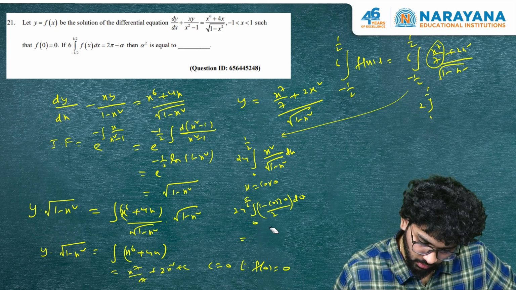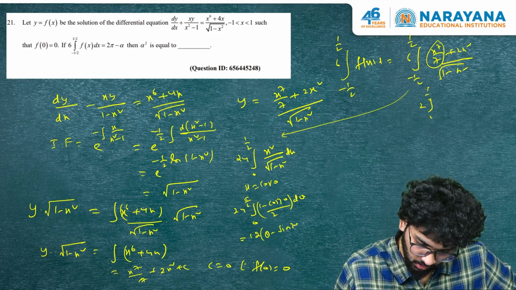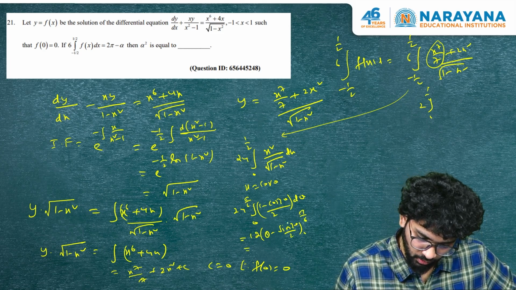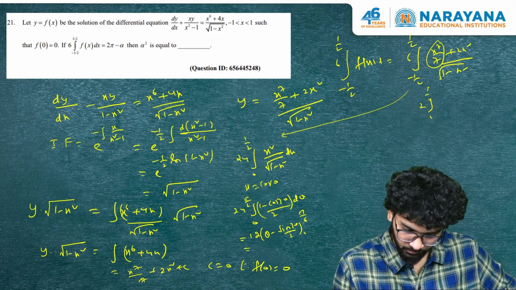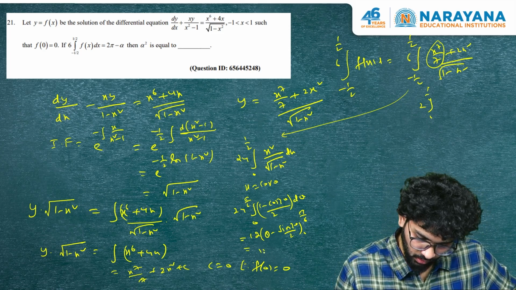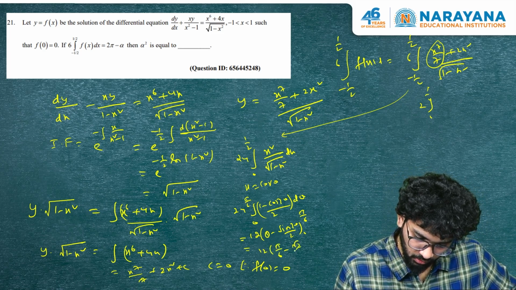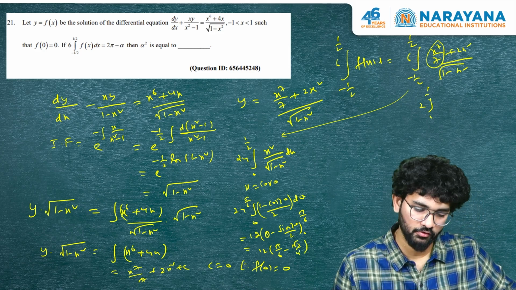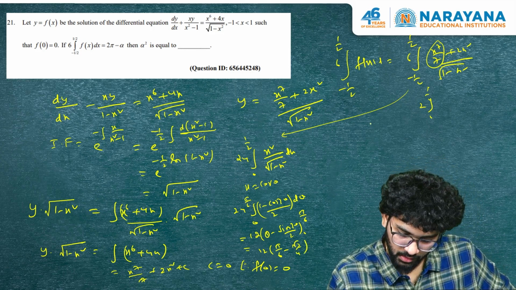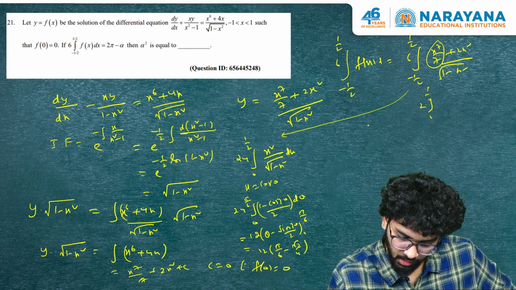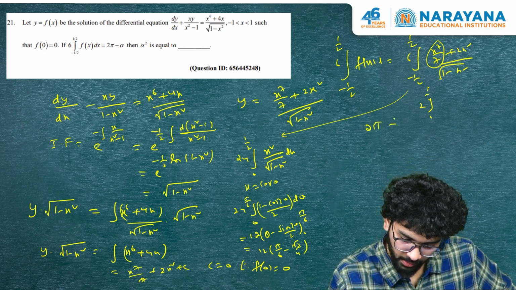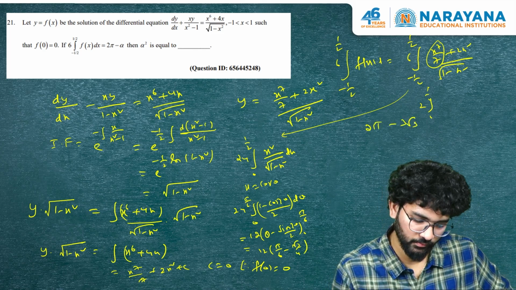So that will be 12 into theta minus sine 2 theta by 2 from 0 to pi by 6. If you substitute pi by 6, you are getting 12 times of pi by 6 minus root 3 by 2 by 2, root 3 by 4. 0 if you substitute, it will be 0. So finally the answer will be, if I multiply with 12, 2 pi minus 3 root 3.